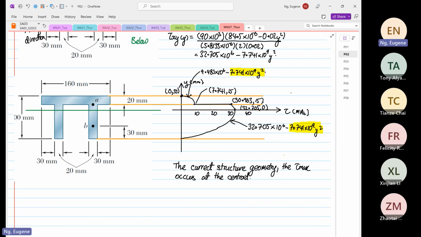Now it's not necessarily always the case. Sometimes it is not. So before I show you when it is not, anyone want to clarify anything in this question?